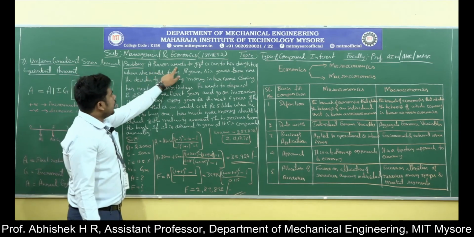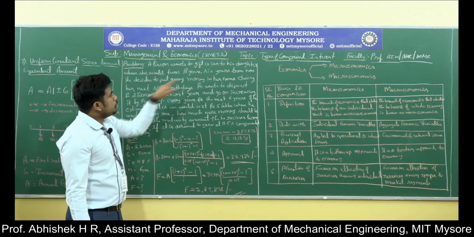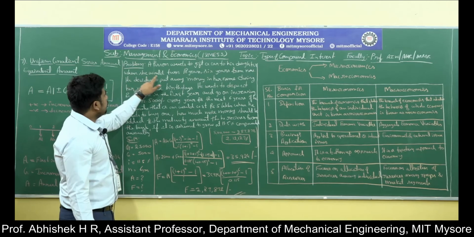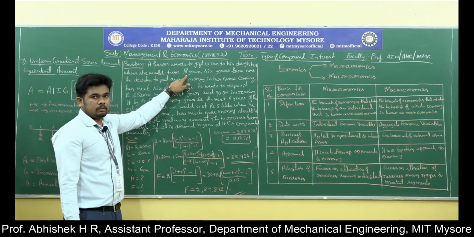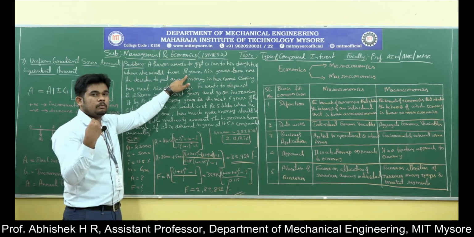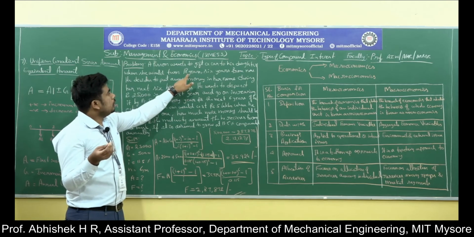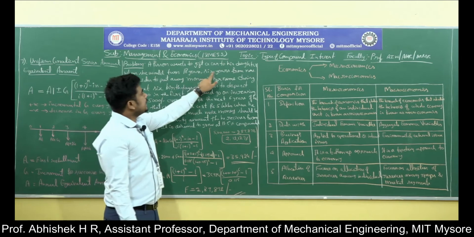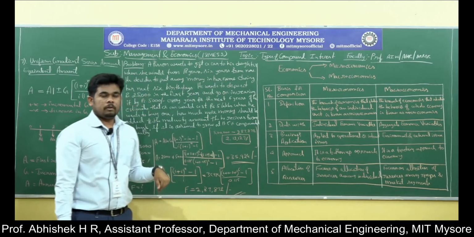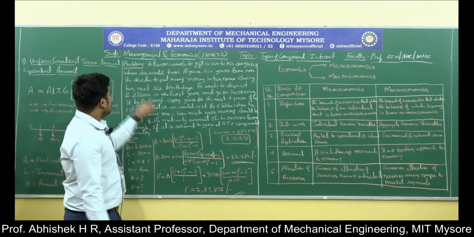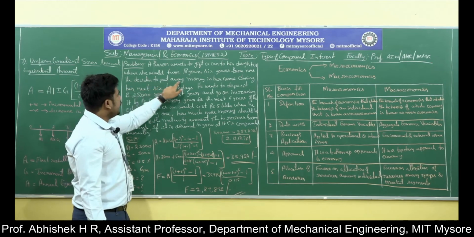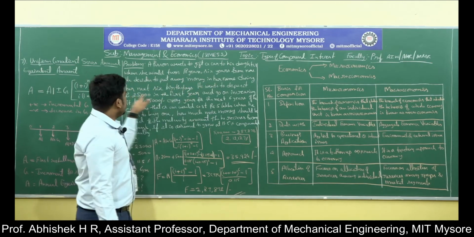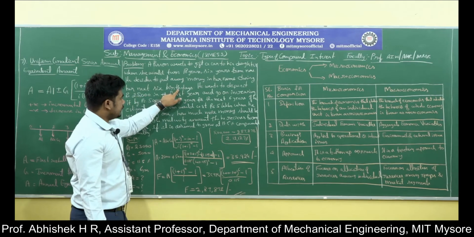A person wants to gift a car to his daughter when she turns 18 years, 6 years from now. He decides to put away money in her name during her next 6 birthdays.